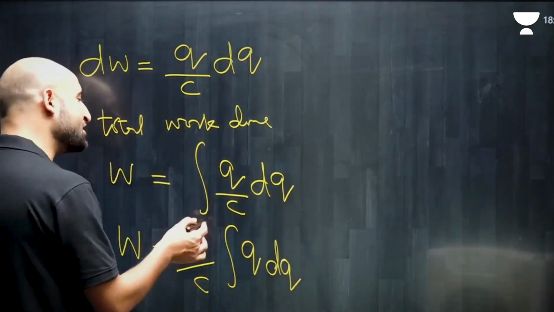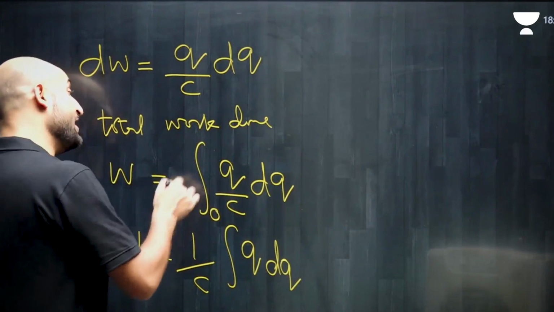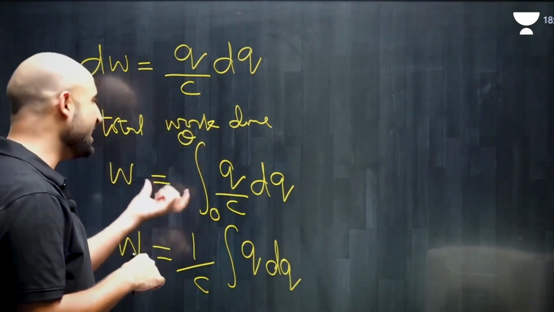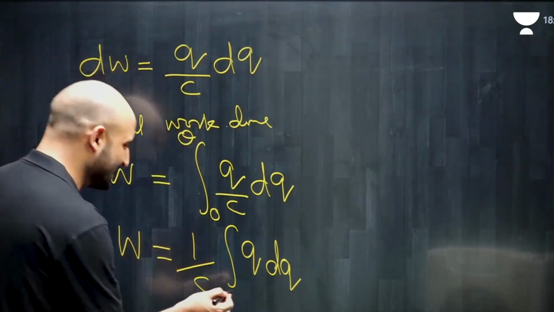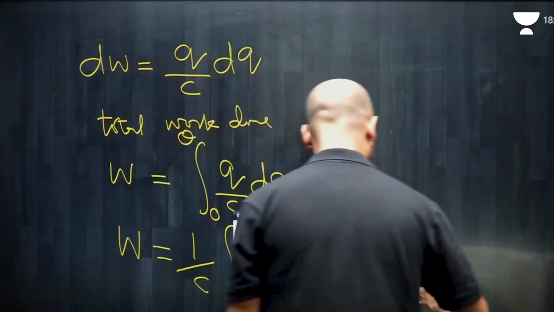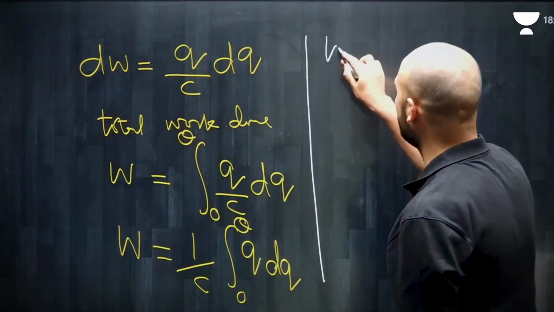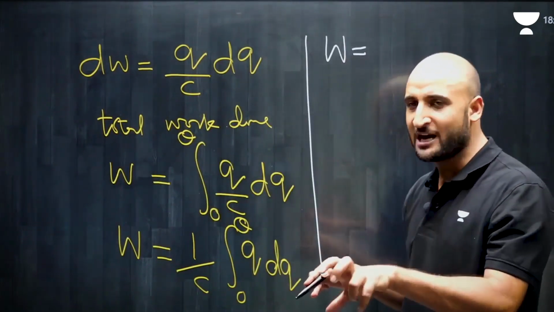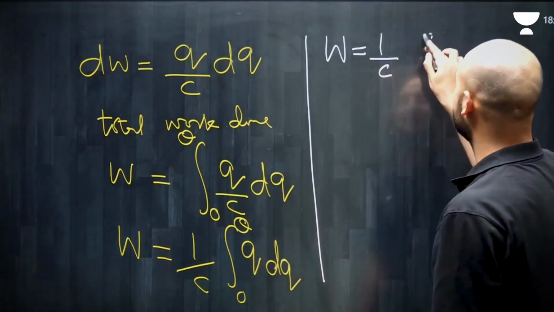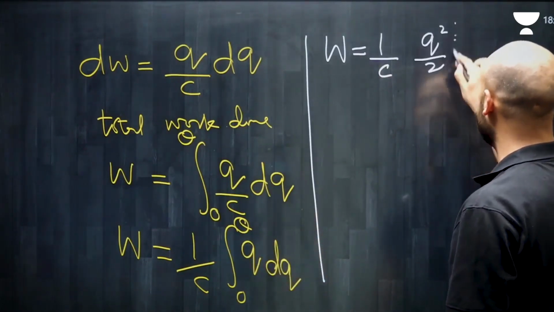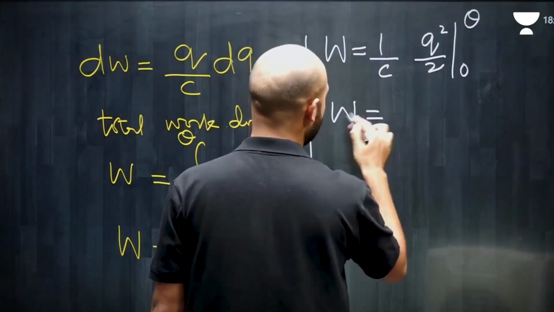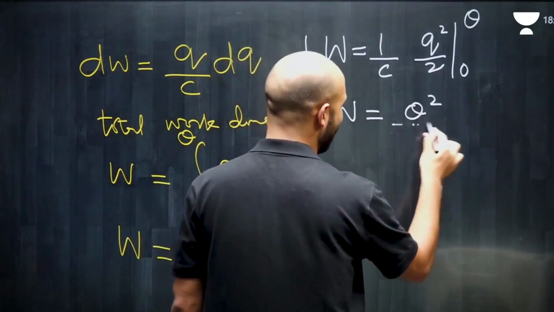Right? What was the initial charge in the capacitor? That was 0. What's going to be the final charge in the capacitor? That's Q. So this is the limit from 0 to Q. My W, the total work done by the battery in building up capital Q charge, will be equal to 1 by C. The integration of Q dQ is Q squared divided by 2, and the limits will go from 0 to capital Q. If you put in the limits, you get W is equal to Q squared divided by 2C.